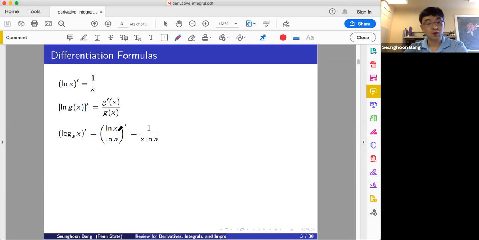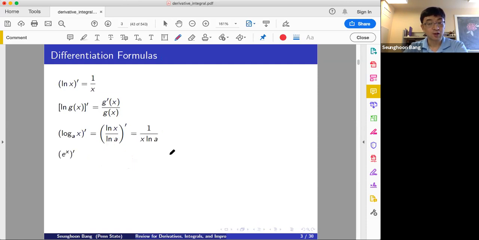So only take out ln of a, since ln of a is a constant: 1 over ln of a times ln of x prime. So we have 1 over ln of a times 1 over x. That's it. This is the whole idea for solving this problem.